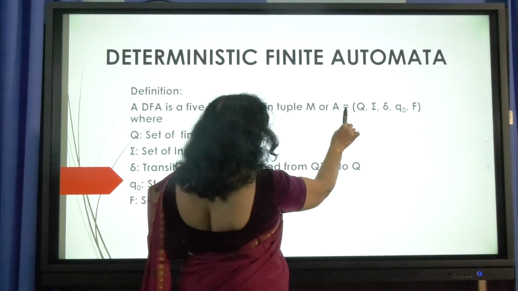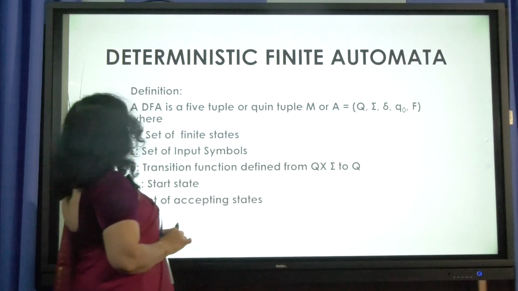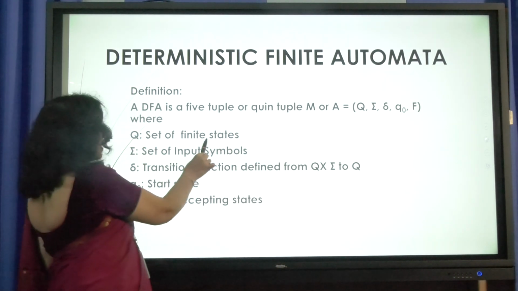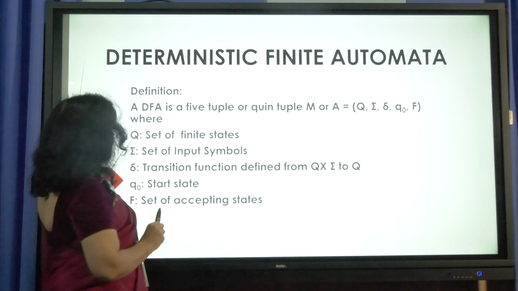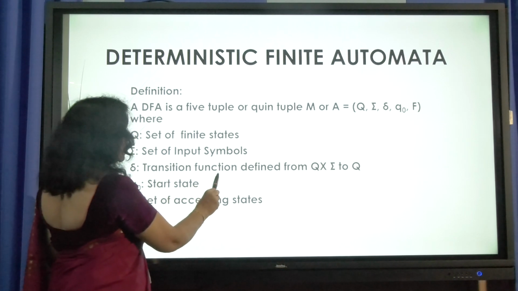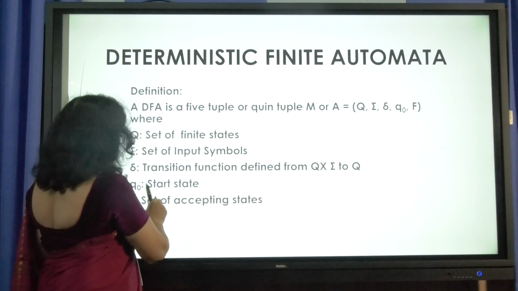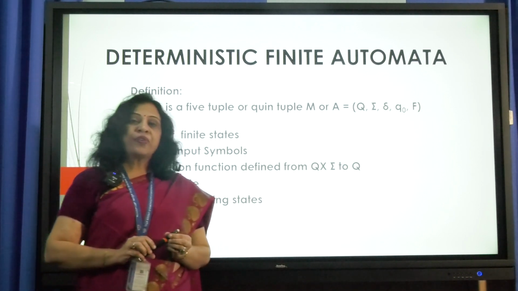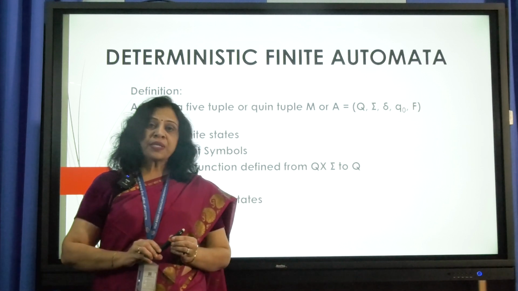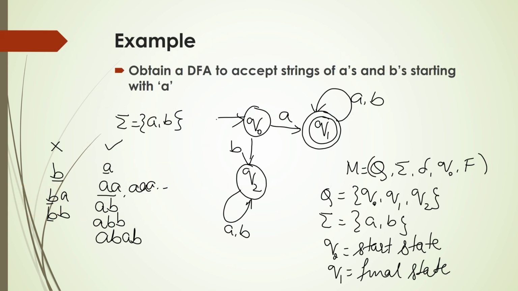So M equals Q, sigma, delta, Q naught, F, where Q is the set of states, sigma is the set of input symbols, delta is the transition function defined from Q cross sigma to Q, Q naught is the start state and F is the set of accepting states. So this is how we define a DFA. Now let's see how to solve the problems. So let's see the first problem.